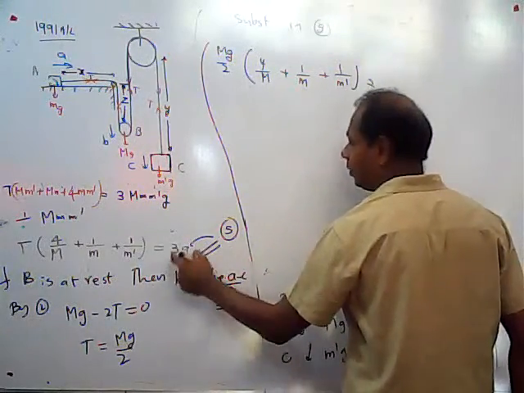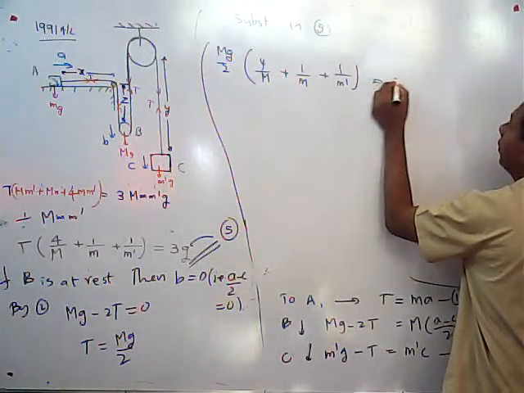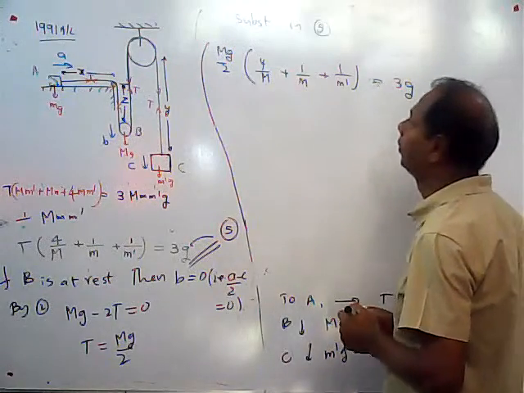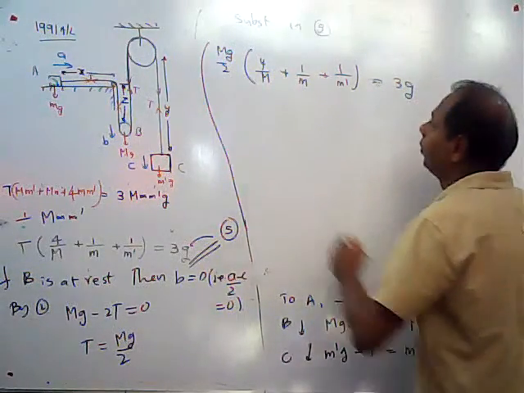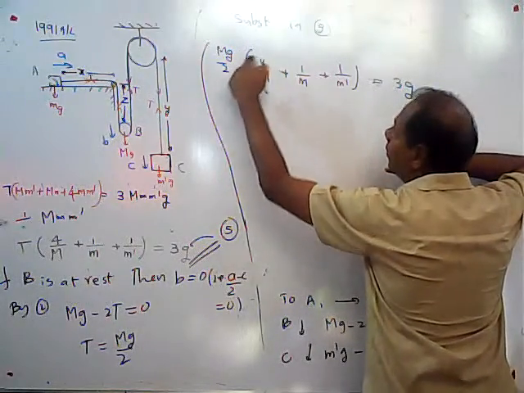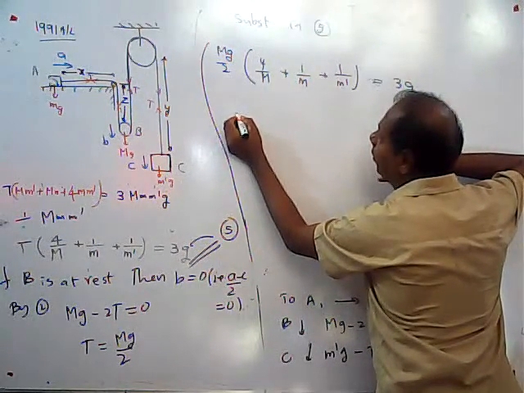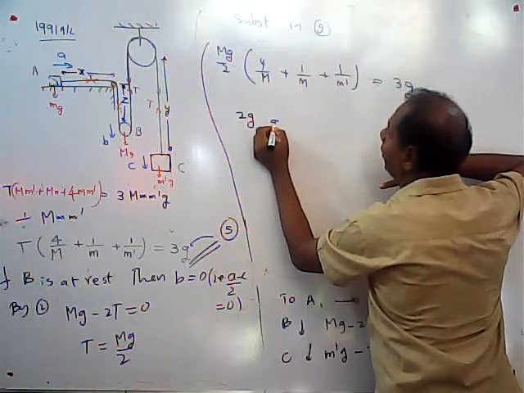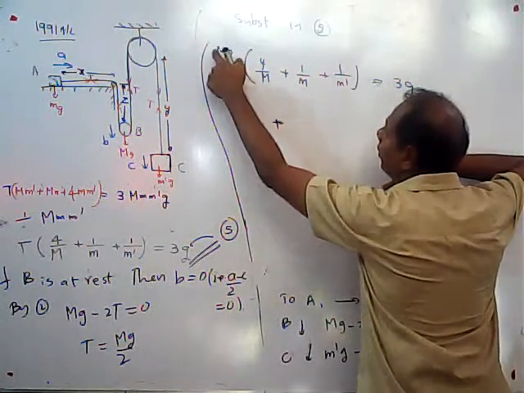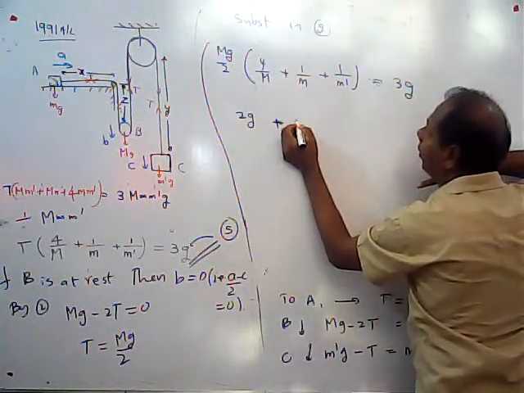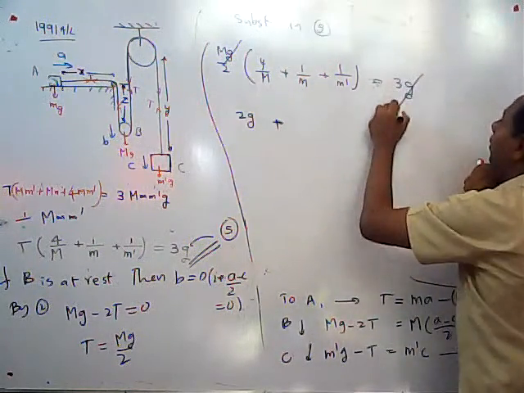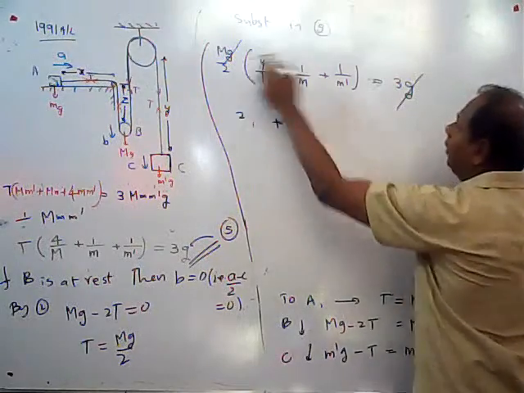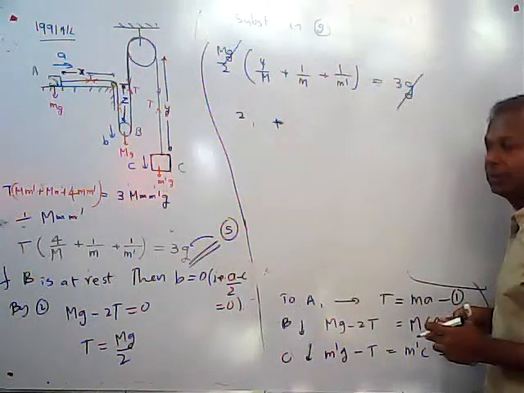On the other side it is 3g. Can you open this bracket? Capital M will cancel, you get 2g plus g will cancel. No need of writing g. g will cancel on either side.